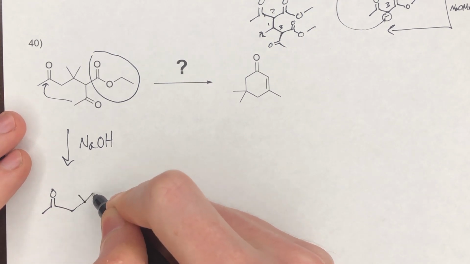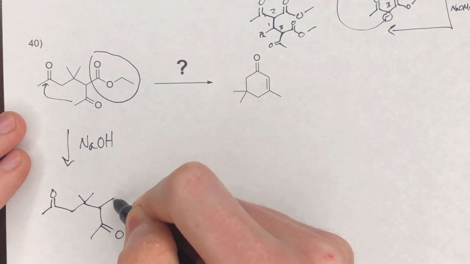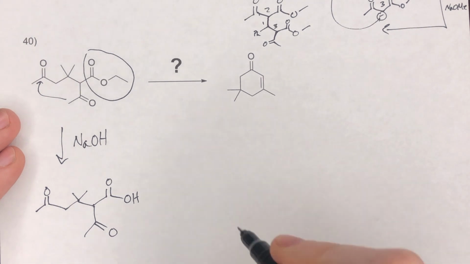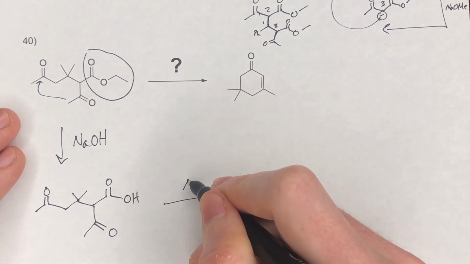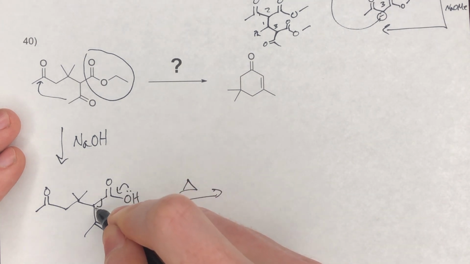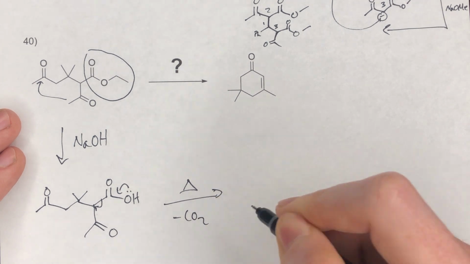So once that happens, this is hydrolysis making the carboxylic acid. Now you just need very high temperatures. And at extremely high temperatures, you get decarboxylation, which is this mechanism. So now we've lost CO2 that I showed here.